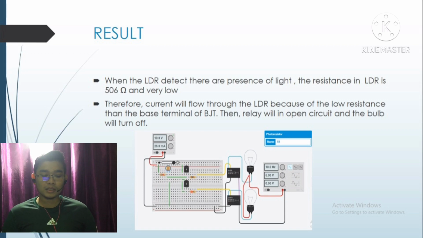When the LDR detects the presence of light, the resistance in the LDR is 506 ohm and very low. Therefore, current will flow through the LDR because of its lower resistance than the base terminal of the BJT. Then the relay will be in open circuit and the bulb will turn off.